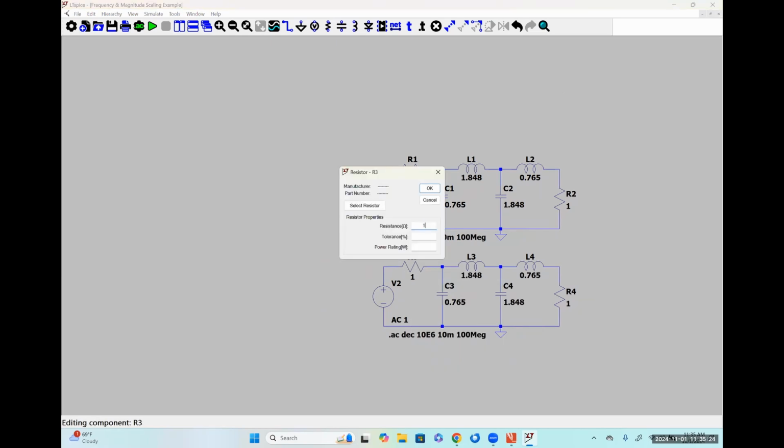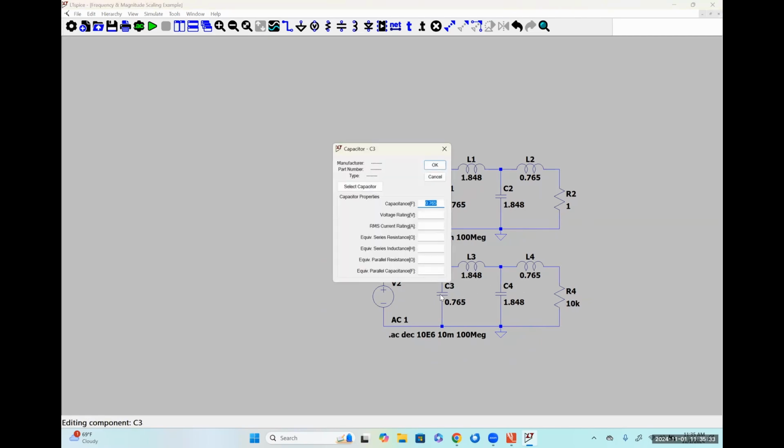So this guy is now a 10K, and this guy is now a 10K. This guy right here is my C1, so that's 243.507 picofarads.